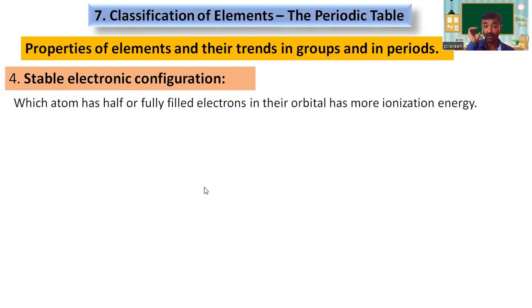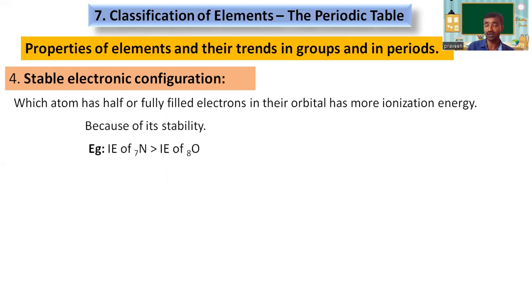Take a p orbital, which holds a maximum of 6 electrons. If it is completely filled with 6 electrons, it is stable. With 3, half filled, it is also stable. So with a stable electronic configuration, ionization energy also changes. You require more ionization energy because of its stability.